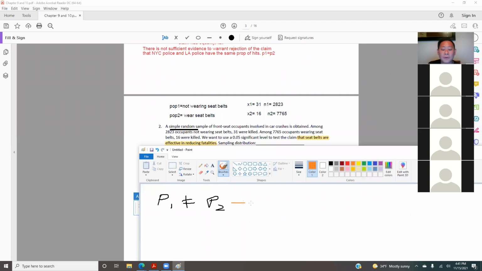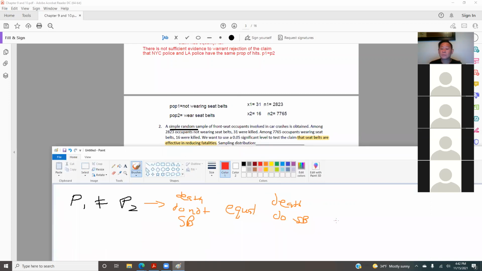This means that the death rate for those who do not wear seatbelts is equal to the death or fatality rate for those who do wear seatbelts. Is this what the claim statement says? No. So that means this is wrong.